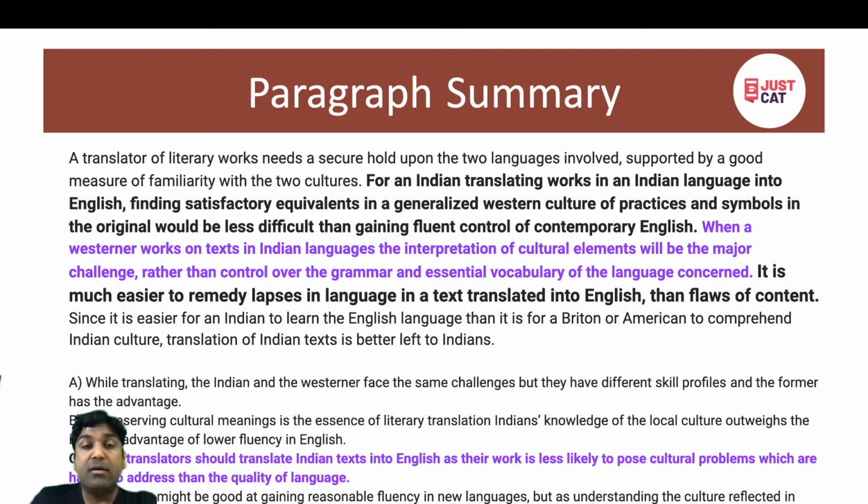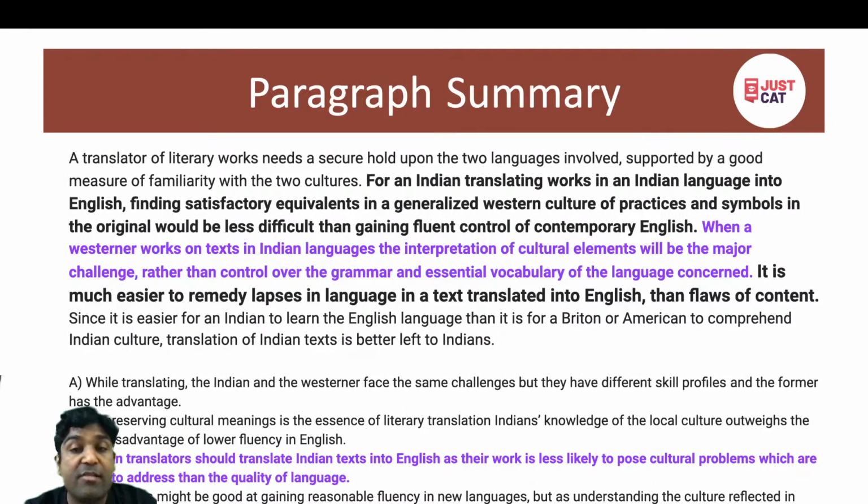So it is saying that, but nowhere in the entire passage has it been said that Westerners are good at gaining fluency in new languages. This is again irrelevant, like B, in which they were saying extra things. Similarly, they're saying in D things which have never been mentioned in the passage.